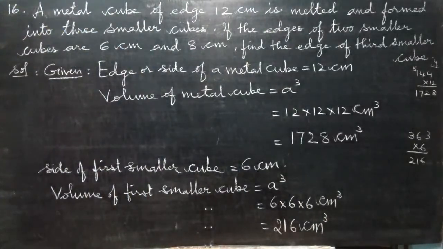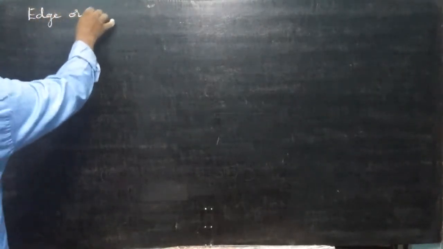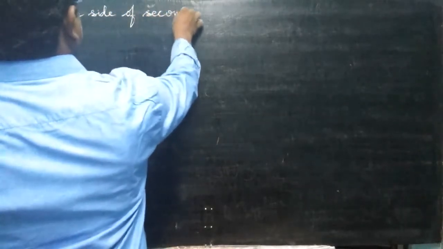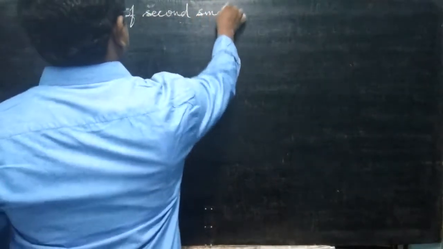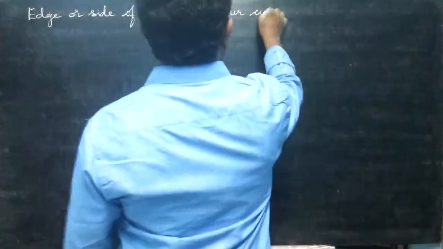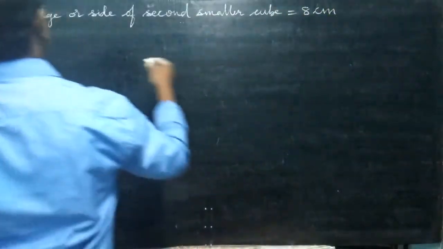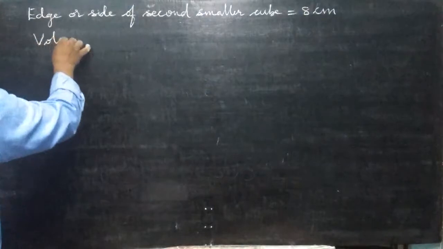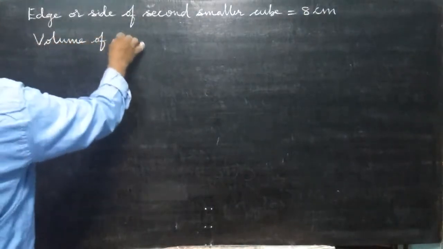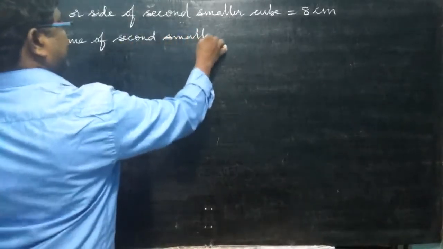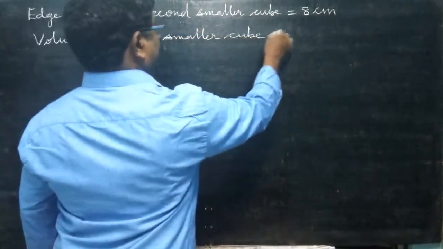First smaller cube. Now edge or side of the second smaller cube. Second smaller cube is equal to 8 centimeters. They have given. Now volume of the second smaller cube is equal to a cube.